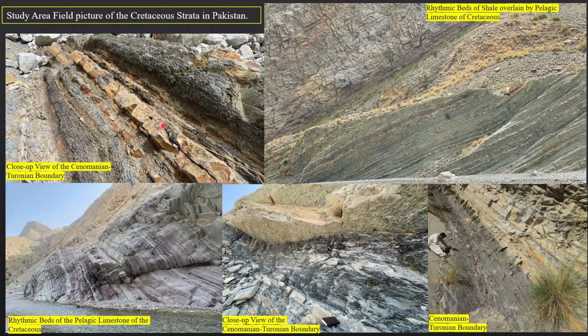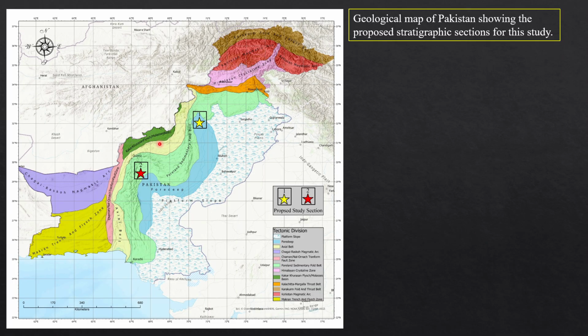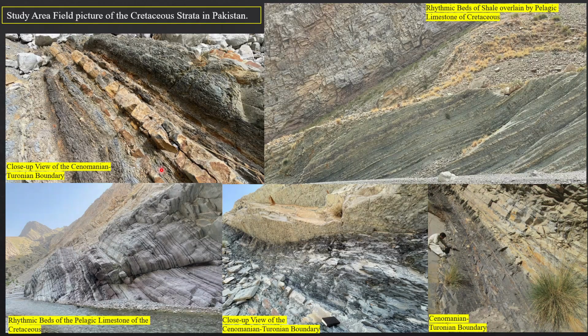I will study the Cretaceous strata, and this is basically the field picture of the Cretaceous strata, where you can see the anoxic boundary and pelagic limestone interbedded with shale. This is also the anoxic boundary, the black shale body OAE2, which is located in the Mughal Kot section. We can see it in this red area.